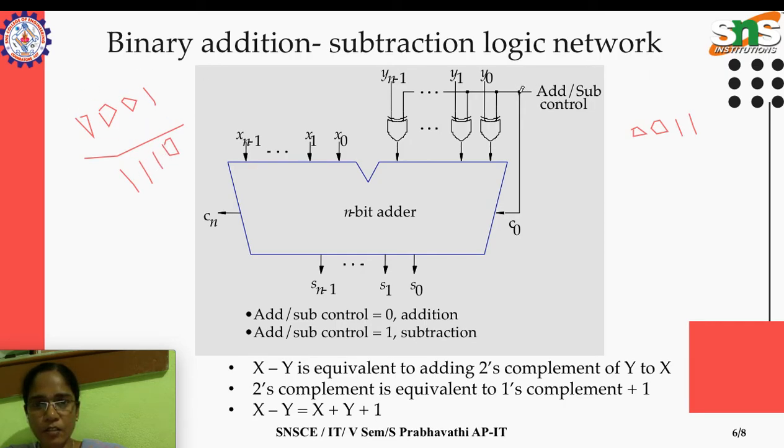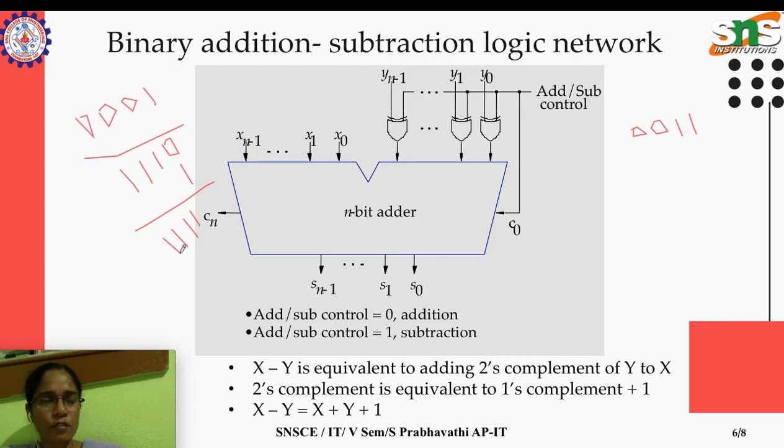Then we need to add 1 to the 1's complement to get the number's 2's complement value. So here the carry we are passing is 1. If we do the addition, what will happen? 0 plus 1 is 1, 1, 1, 1.